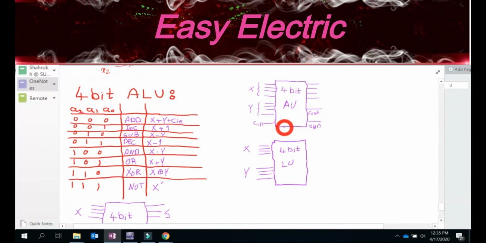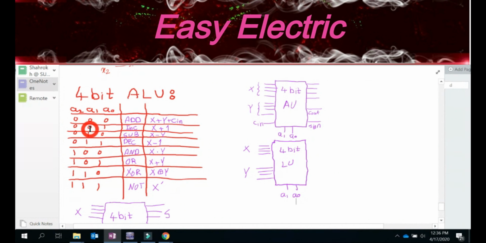Definitely you have the address, and this is important. So these are the address. I connect this A1, be careful, A0. I connect A1, A0. Why? Because if you ignore this column A2, whatever you have here is exactly the same table that you have for the AU.